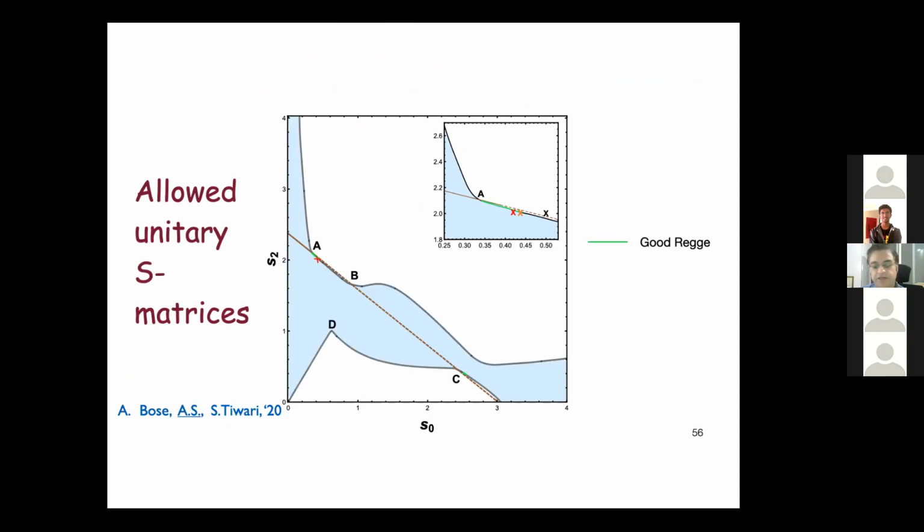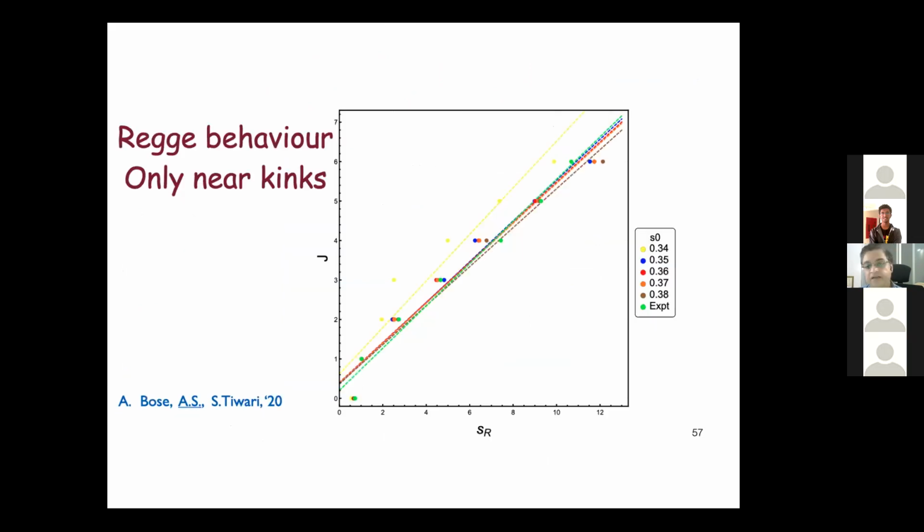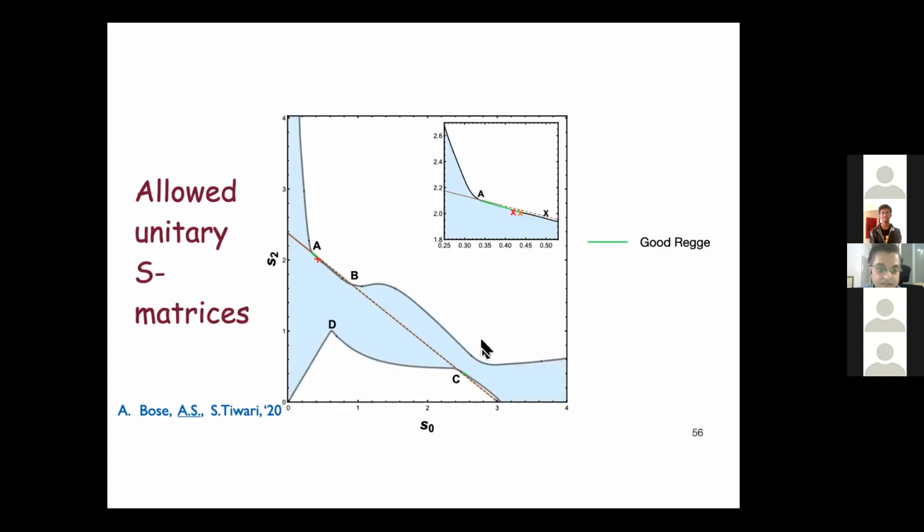So you get this space of S matrices in the river, and the Lovelace-Shapiro model intersects at very interesting regions. I told you that this region A is essentially where you get S matrices which are compatible with experiments. If you zoom in, you could see some kind of a bend happening near region A. In some sense, it's a kink.